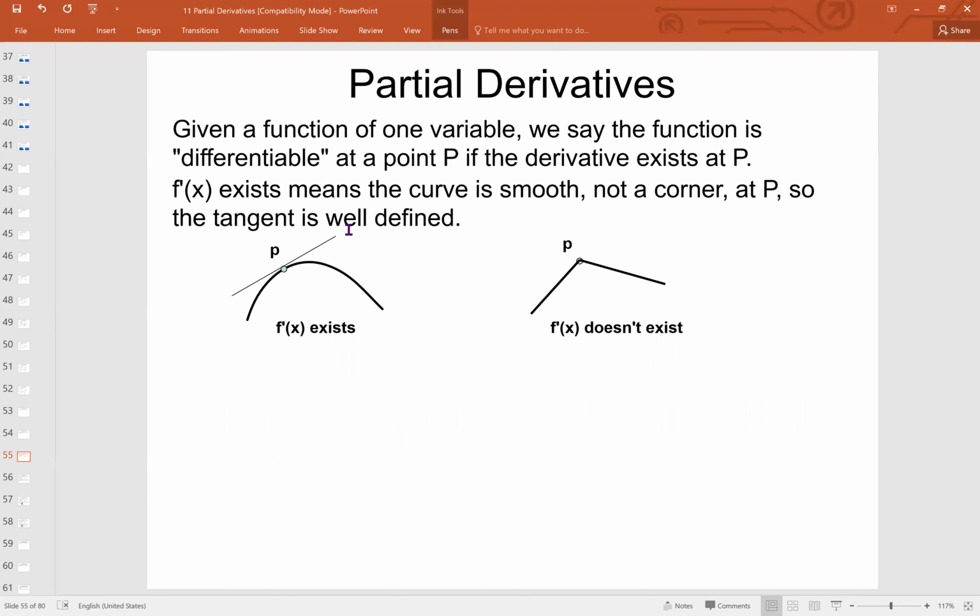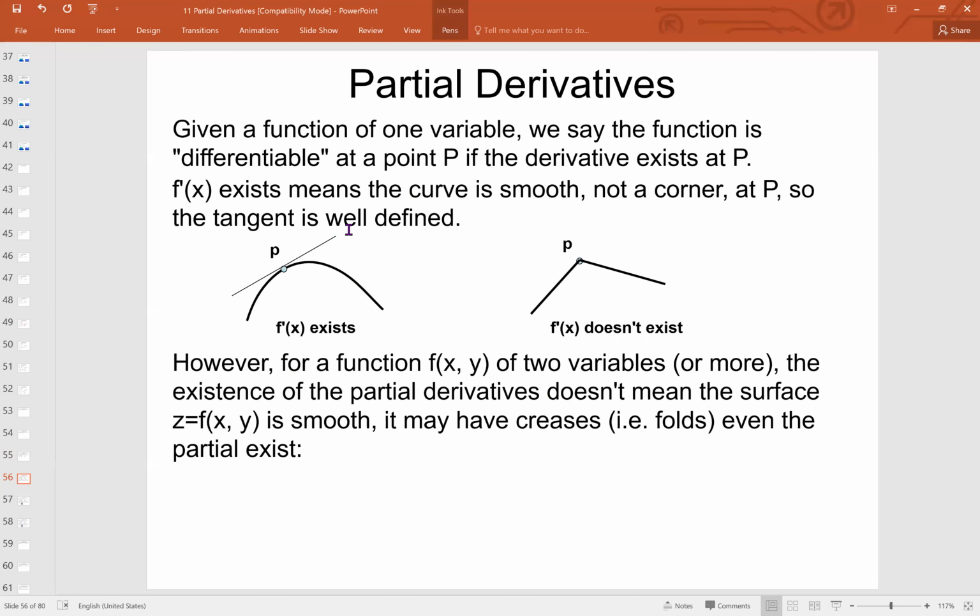The tangent from either side has to match. However, partial x and partial y both existing do not guarantee the corresponding idea of a smooth surface.